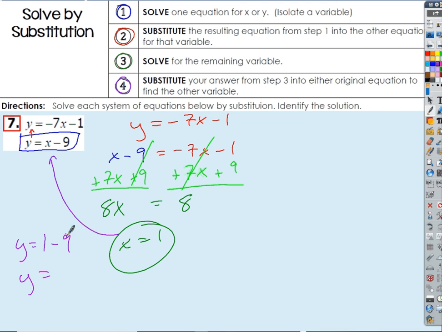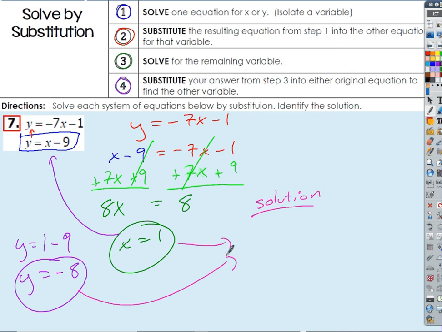Negative 8. Okay, so now I've got both parts of my solution. I need an x and a y. When we want to write the solution, though, we're going to write it as an ordered pair. So what's my ordered pair going to be? There you go. And what do you think the point of intersection would be if I graph those lines? 1, negative 8.